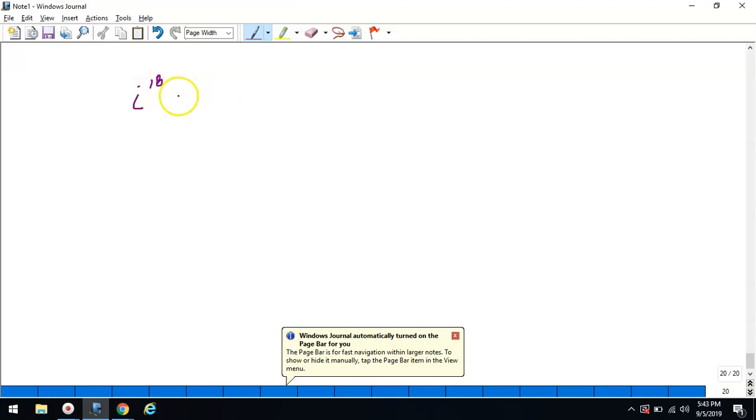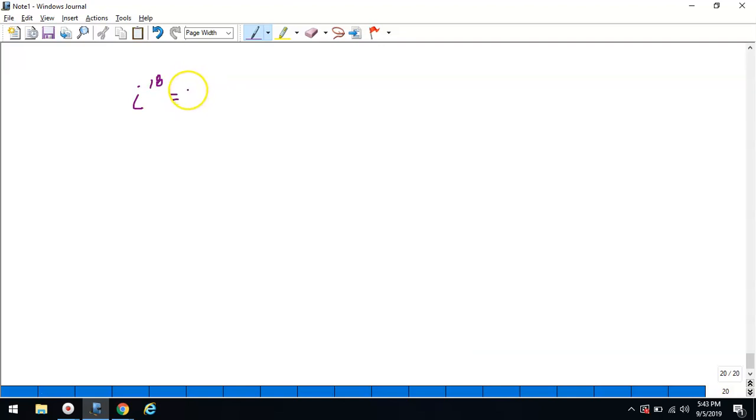Question 18, if we have i to the 18th power, what does that simplify down to? So remember, every i squared is equal to negative 1. So this is interesting because I really just have i squared to the power of 9.